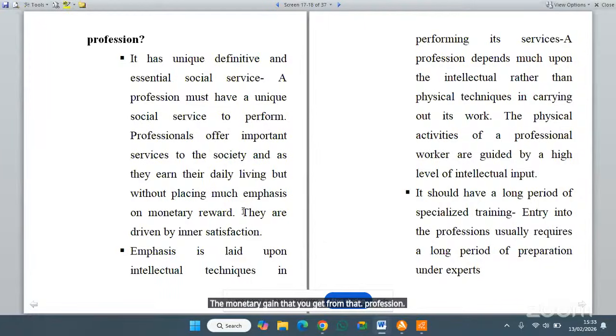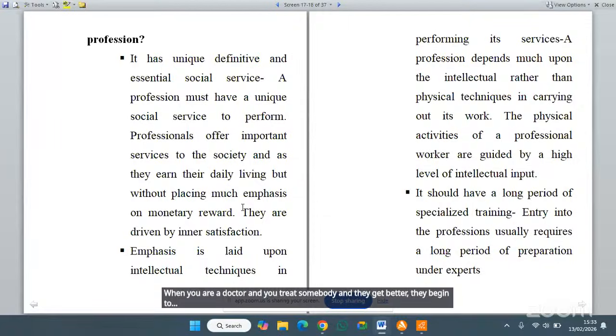The profession is driven by inner satisfaction. When you are a doctor and you treat somebody and they get better, they begin to positively contribute to the growth of the society. They are treated, they are healed, they are happy. Then that provides satisfaction to a doctor.